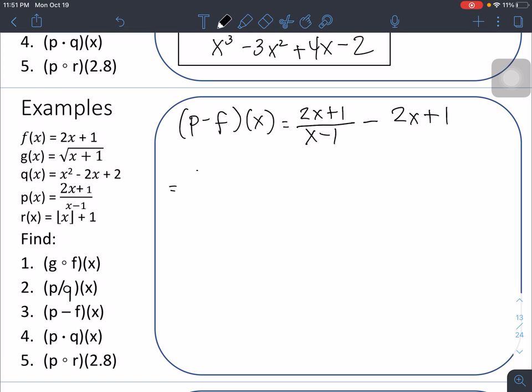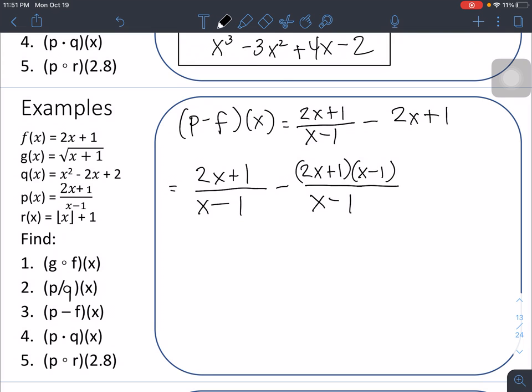So this will be 2x plus 1 all over x minus 1, minus 2x plus 1 multiplied by x minus 1, all over x minus 1.